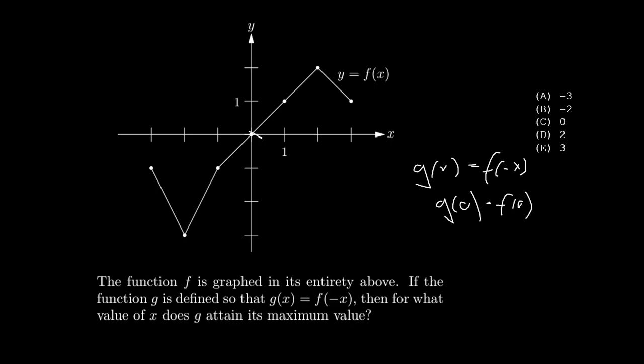So at the value x equals 0, they are equal. Okay, let's see. g of 1 equals f of negative 1. Now, what does it mean?